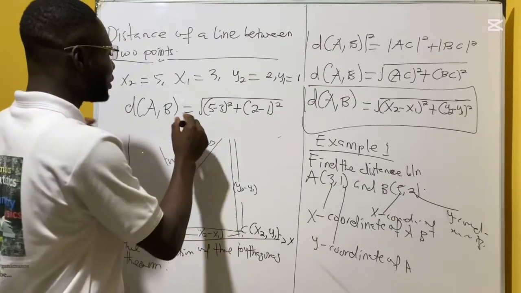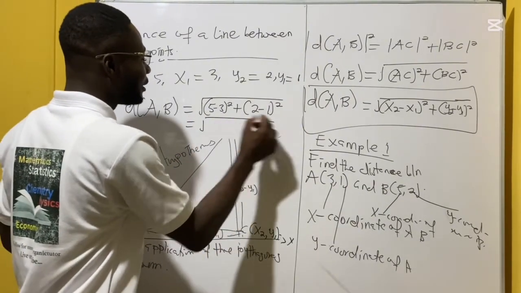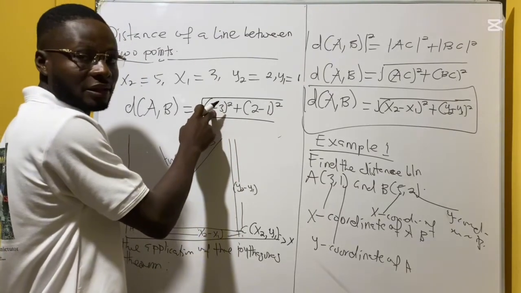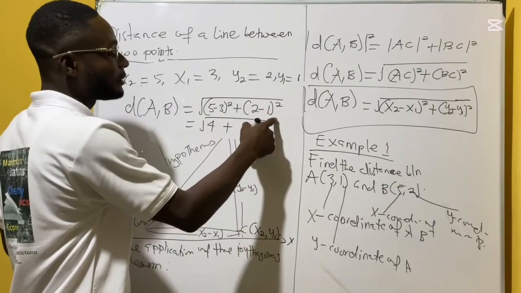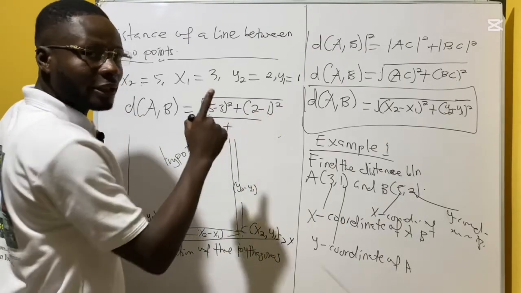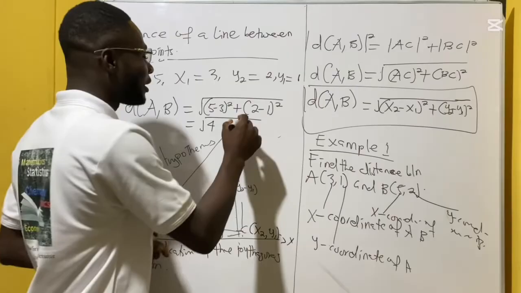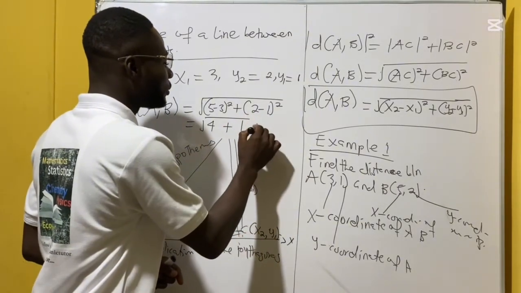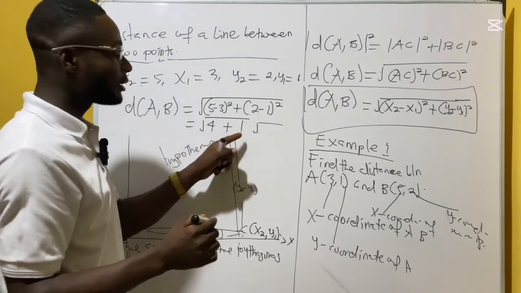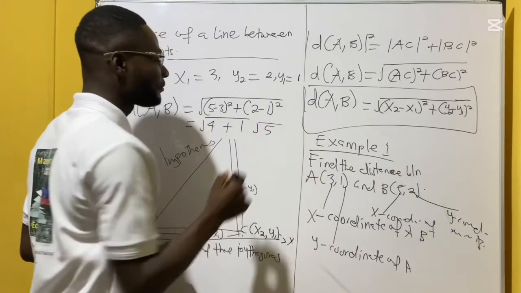So here we simplify this and we're going to have 5 minus 3 is 2, 2 squared is basically 4, plus 2 minus 1 is 1, 1 squared is basically 1. So right here we're going to have square root of 4 plus 1, and that is 5.